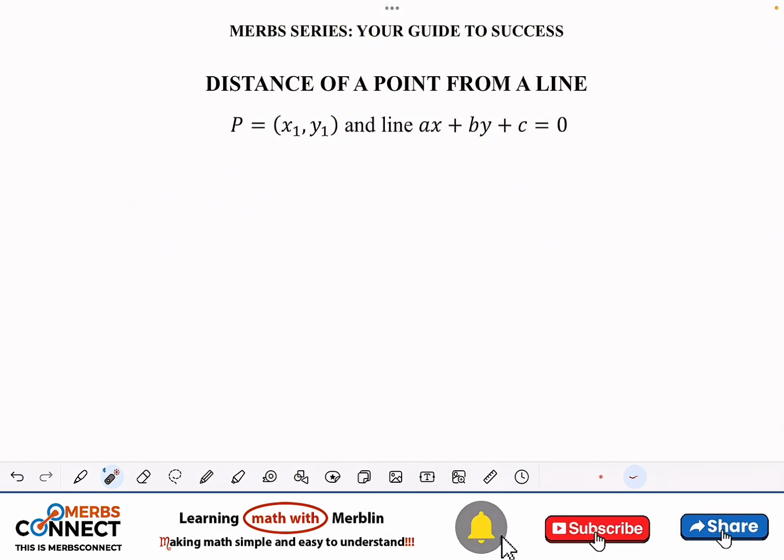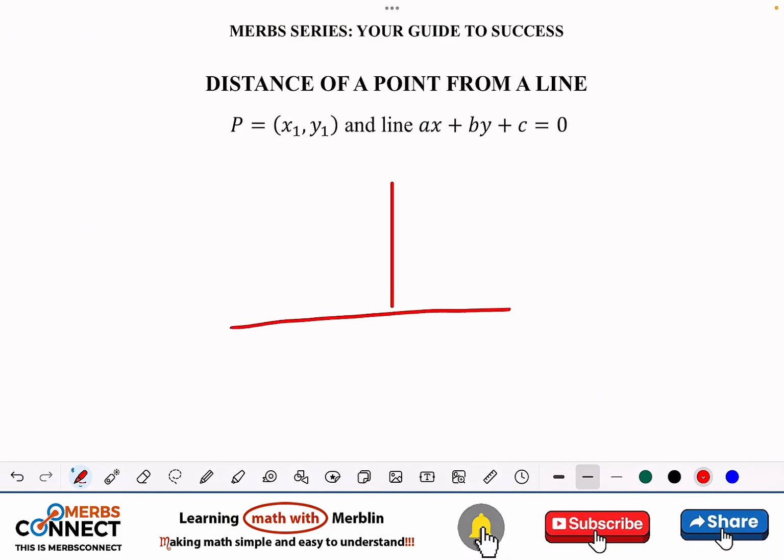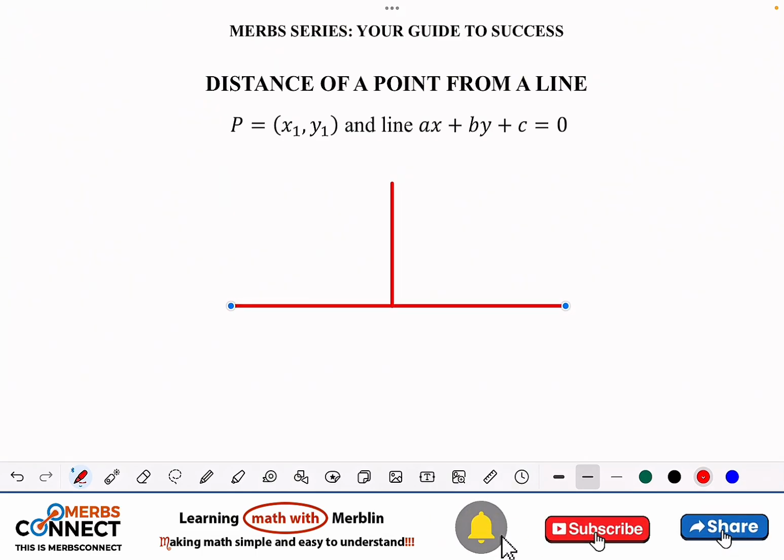Distance of a point from a line. Distance of a point from a line is basically something like this. I have this line here, and then I have this one also here. Good. So this is how the thing is.